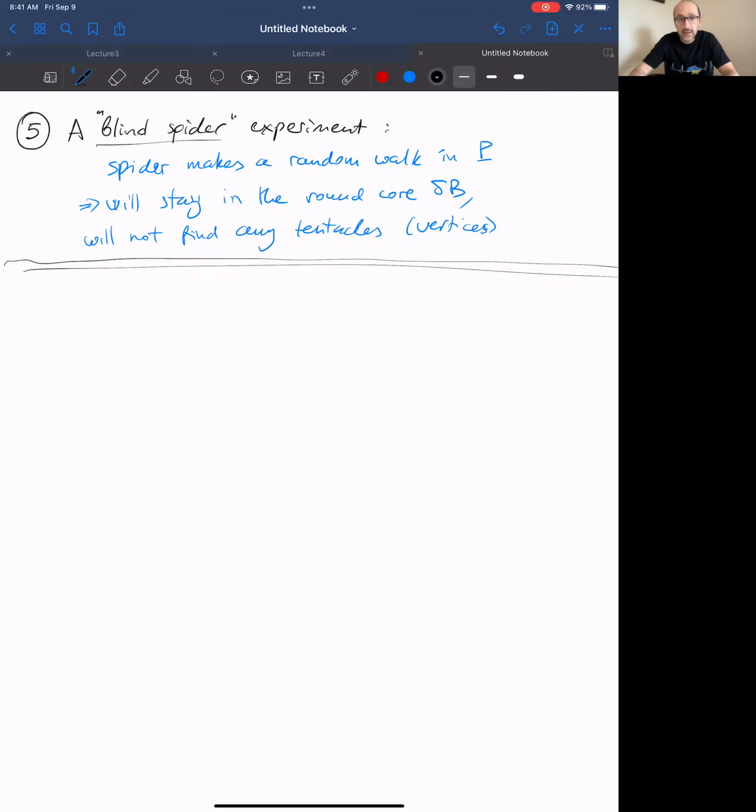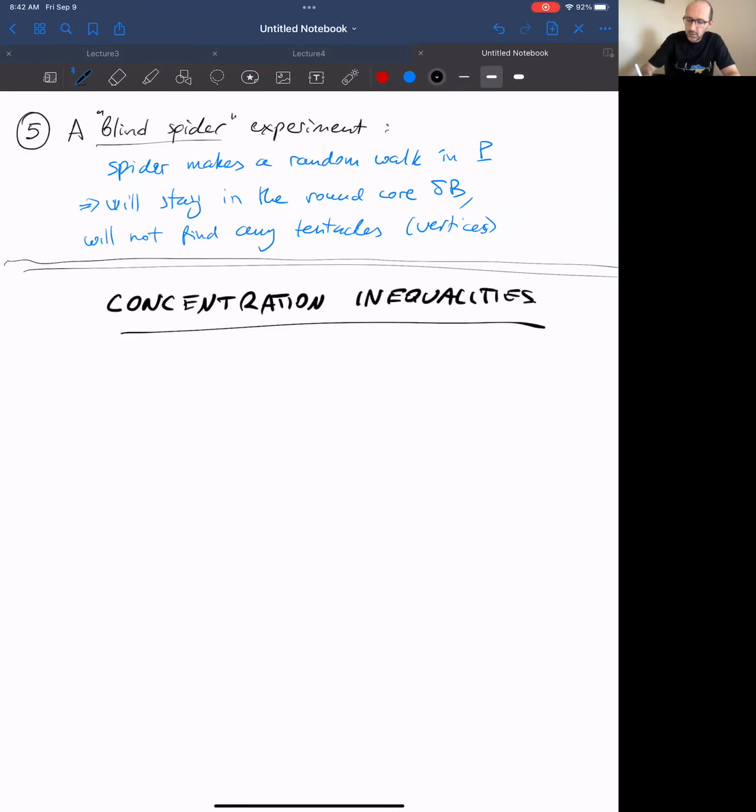What we have now from the course in probability is not enough. We need new quantitative tools. The most important tool set in high dimensional probability is called concentration. Concentration inequalities. And that we'll do first.